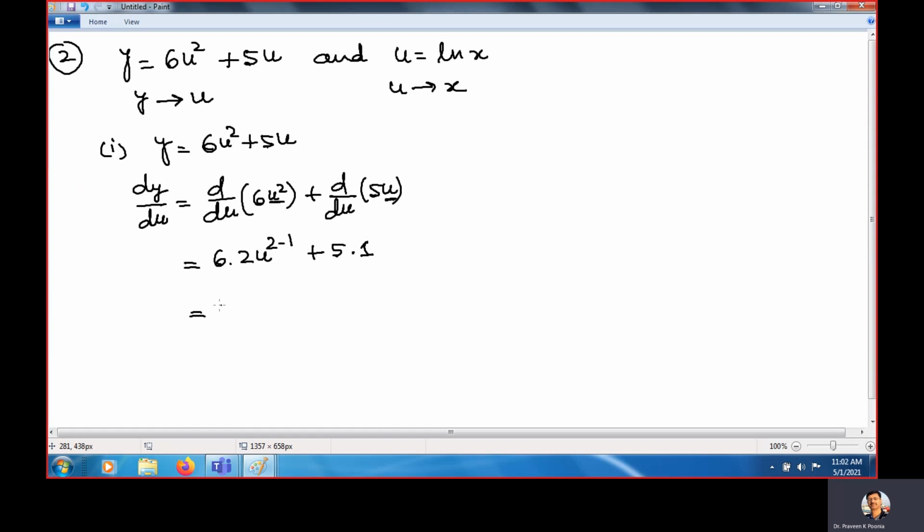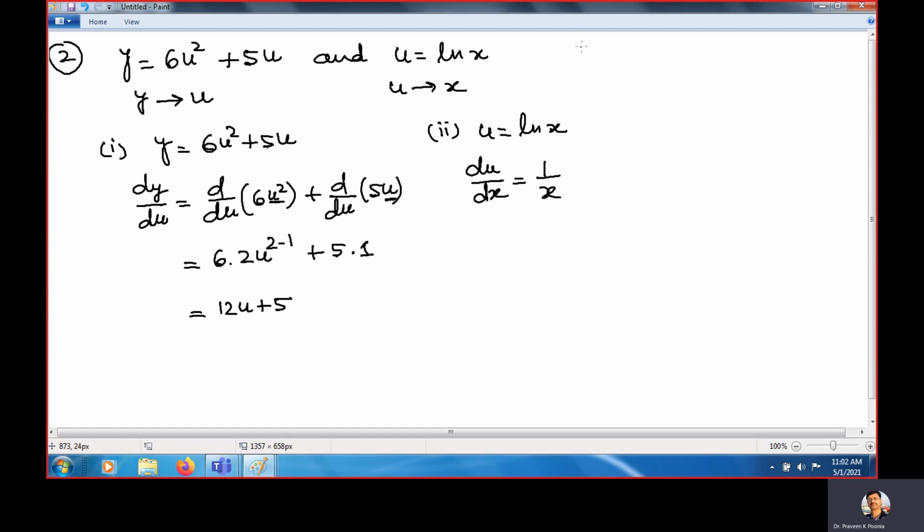So 6 times 2 is 12u plus 5. And the second one is u equals ln x. So du divided by dx, u with respect to x, the derivative of this is 1 upon x always.